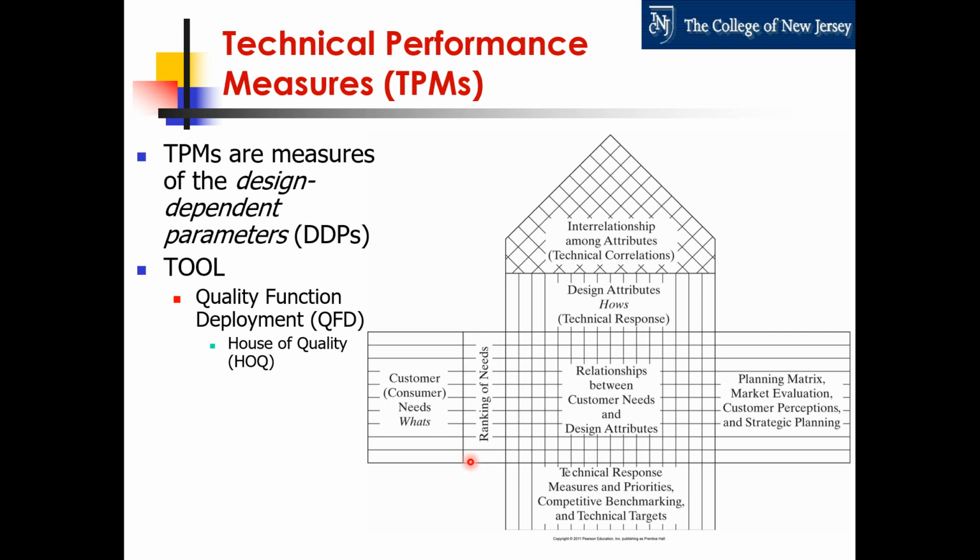Then here, the design attributes are the hows. They're also called technical response. If you have these needs here, you populate how you're going to respond to the need from a technical perspective or with a design attribute.